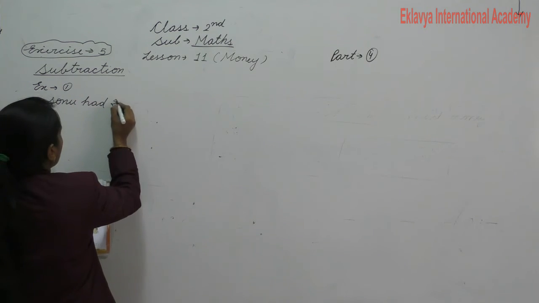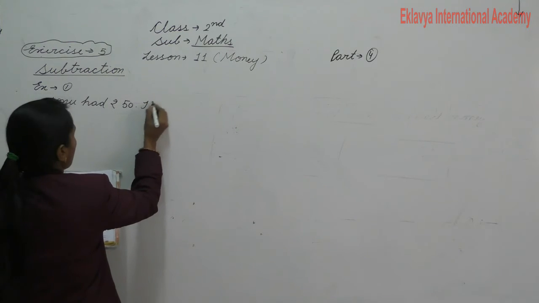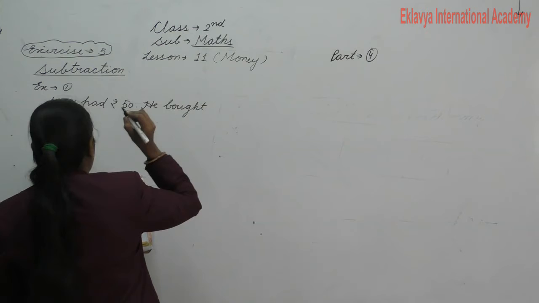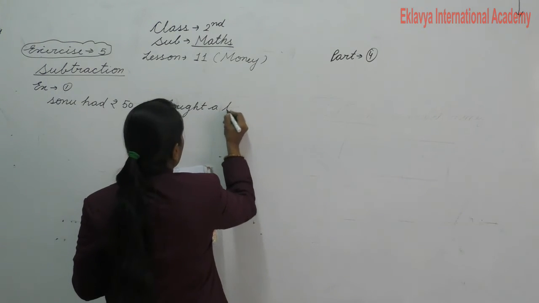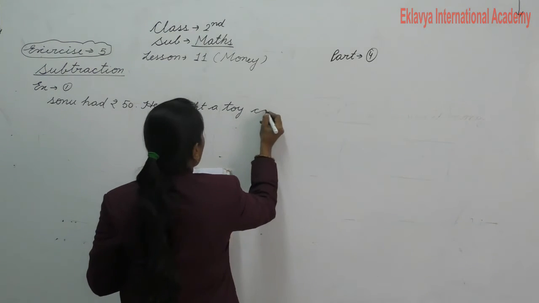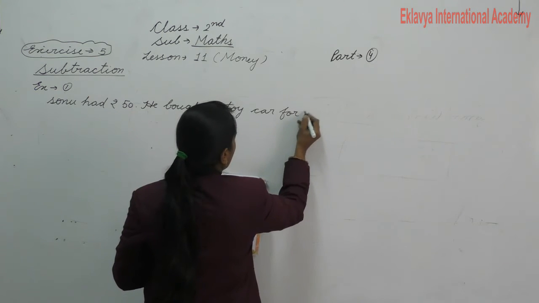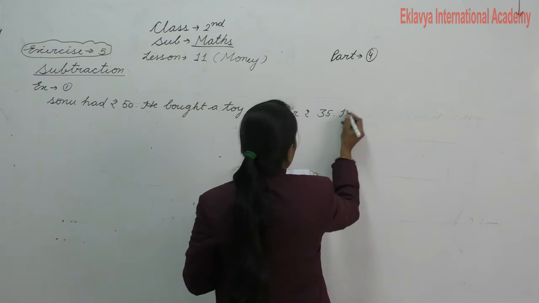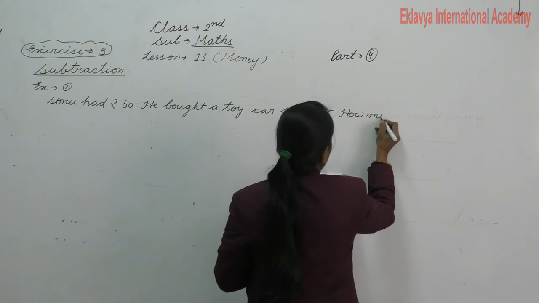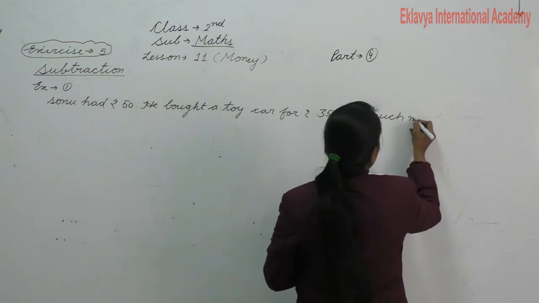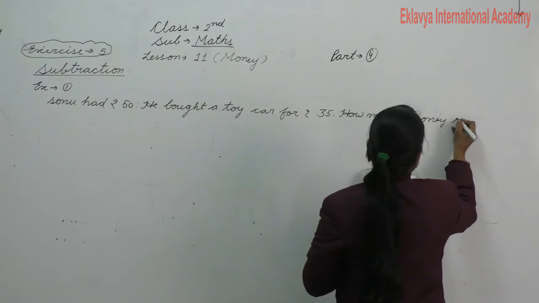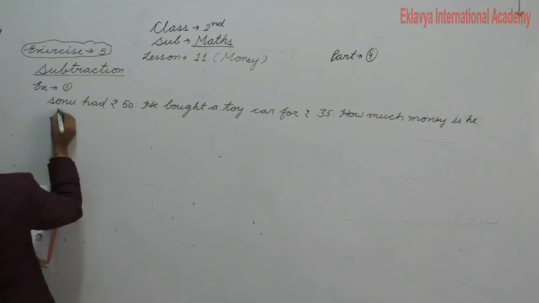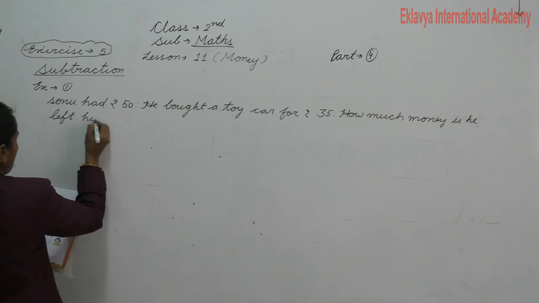Sonu had 50 rupees. He bought a toy car for rupees 35. How much money is left with him?